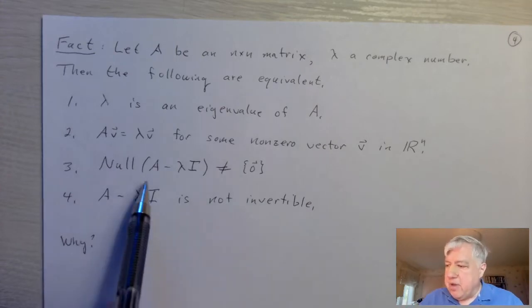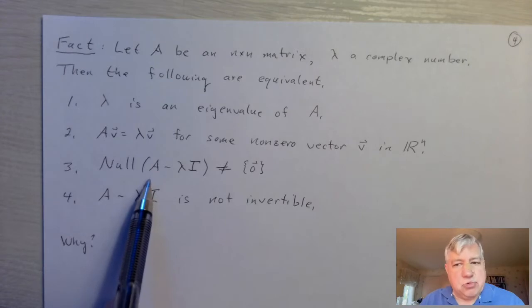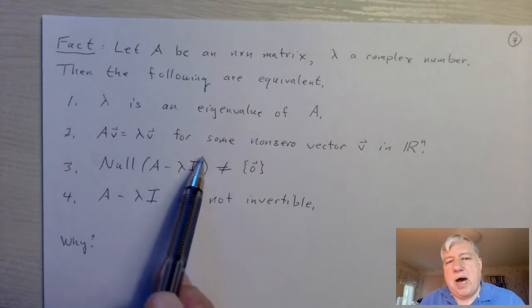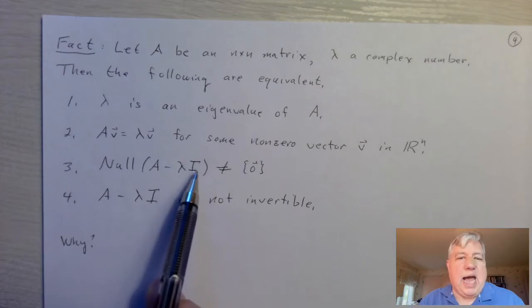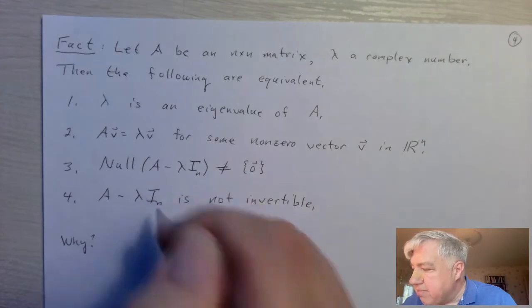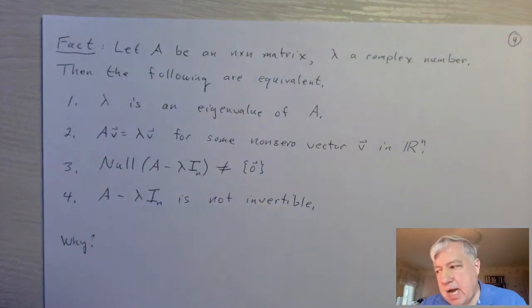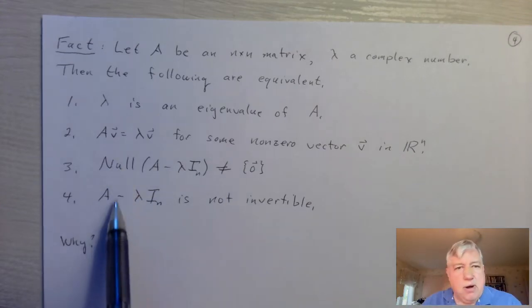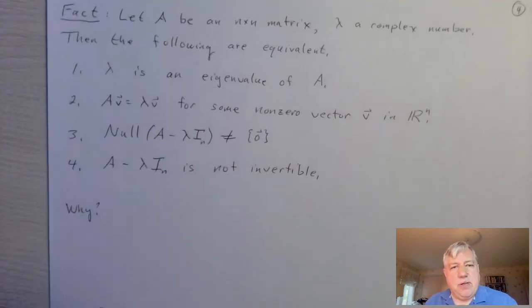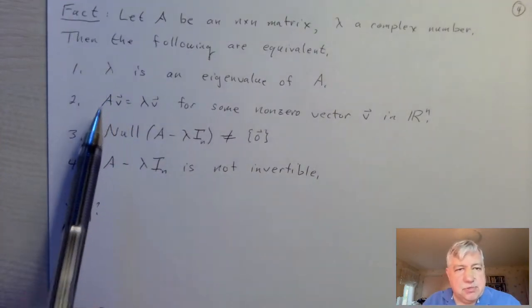The only difference here is that the matrix we're talking about is A minus lambda I, where I is the identity I_n, so that these expressions make sense. So 3 and 4 are equivalent, 1 and 2 are equivalent, and the only thing we have to convince ourselves of is that 2 and 3 are equivalent.